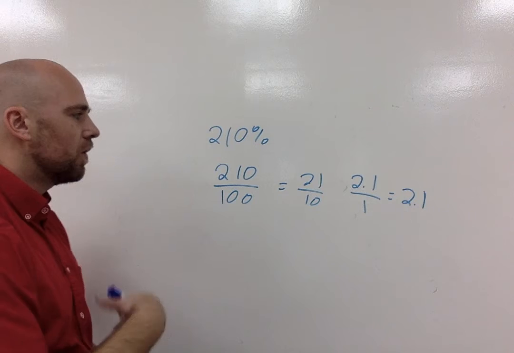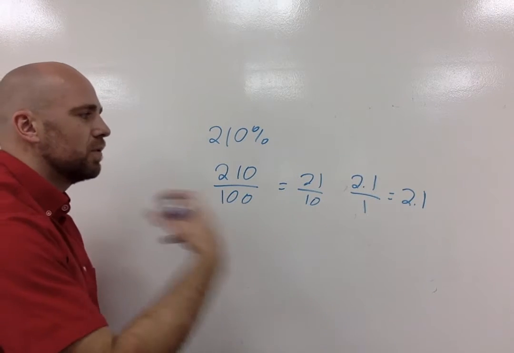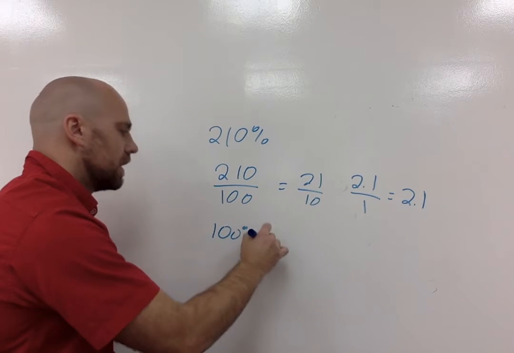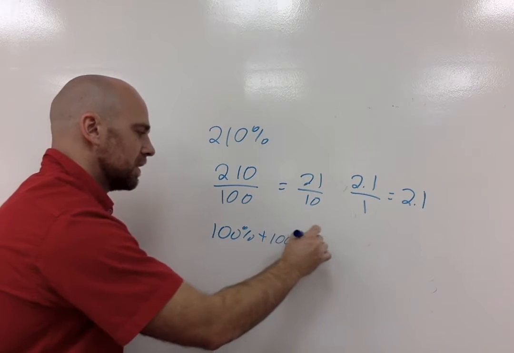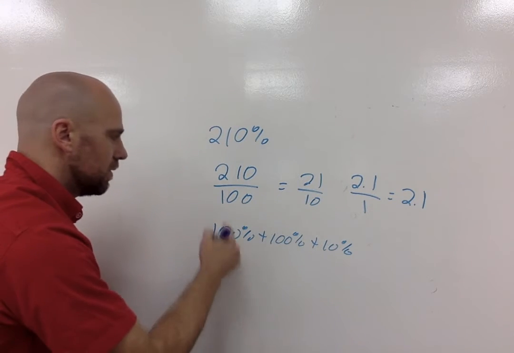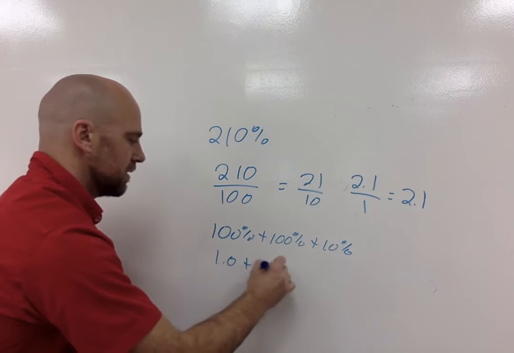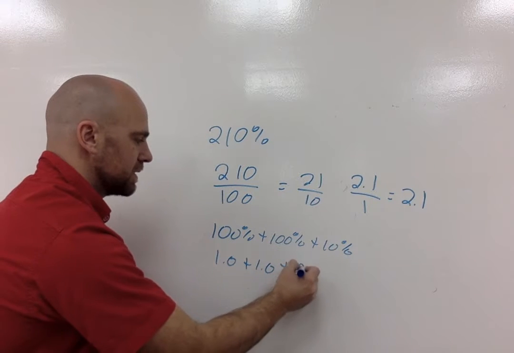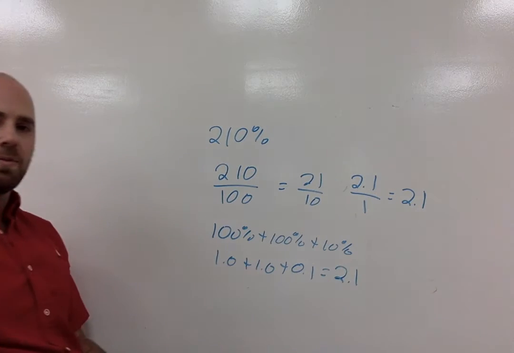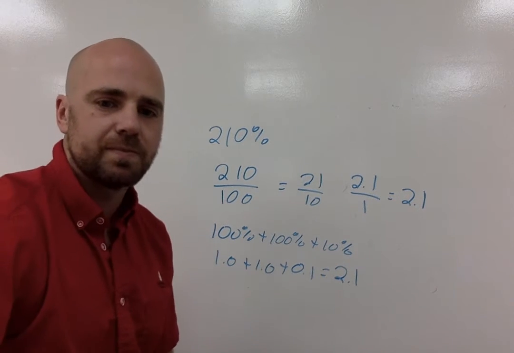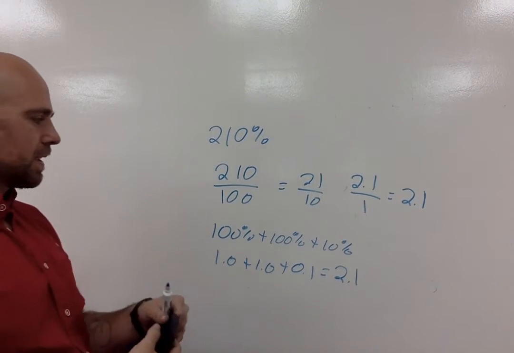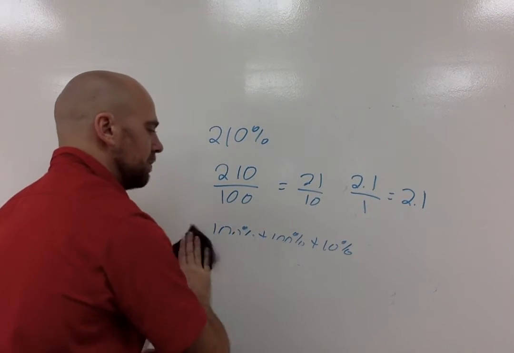Or the way that I can look at it, if 1.0 is 100%, I have 100%, plus another 100%, plus 10%. So this is 1.0, plus 1.0, plus 10%, which we said is 0.1, which gives us 2.1. That becomes our decimal. Hopefully that makes sense, and then we'll move on to the next one.